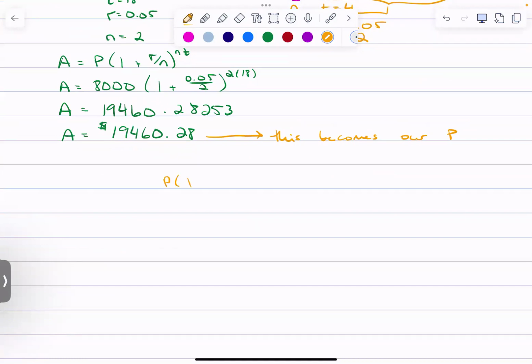P times 1 plus R over N to the N times T is equal to M times 1 plus R over N to the N times T minus 1 over R over N. If a formula can be a run-on sentence, this is it.